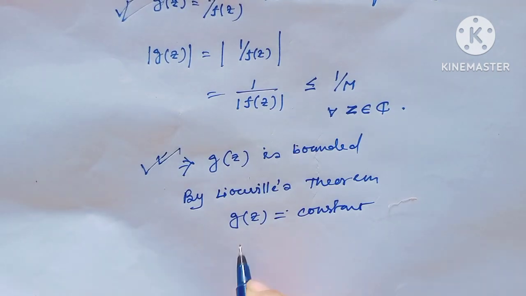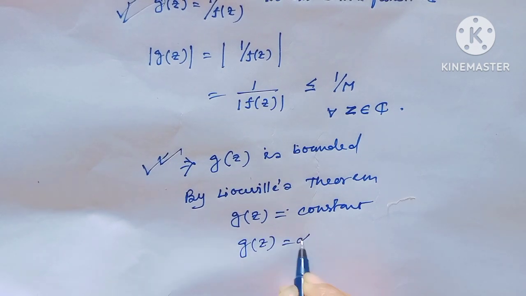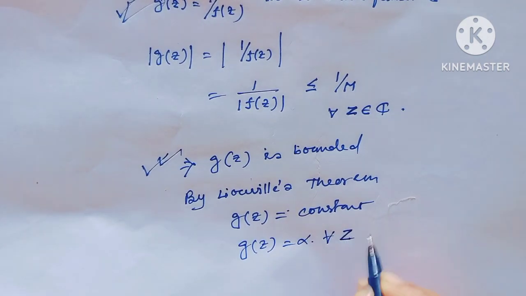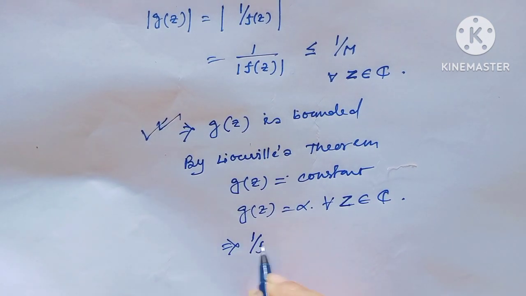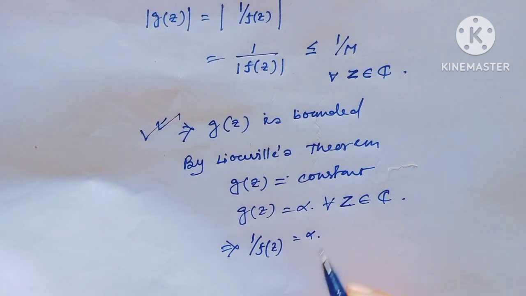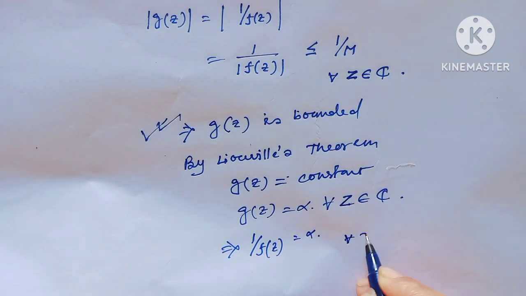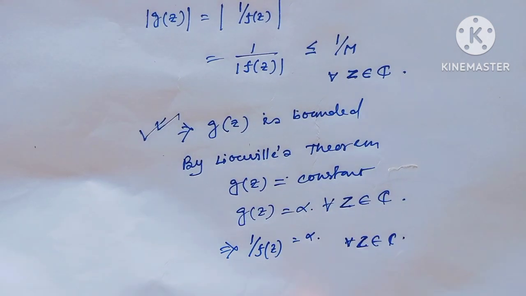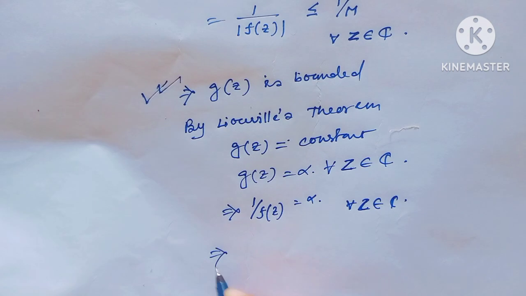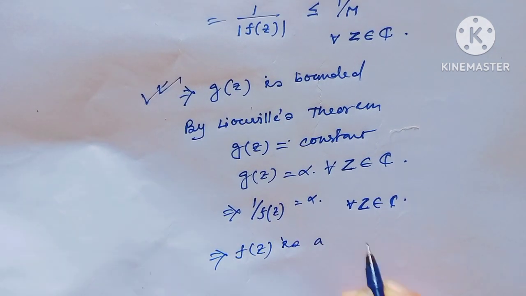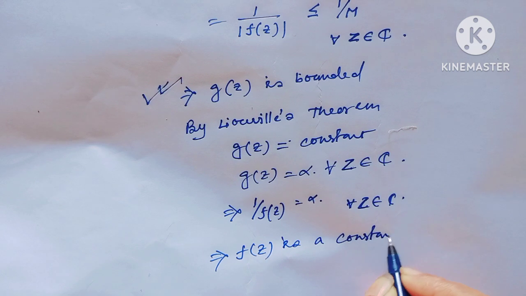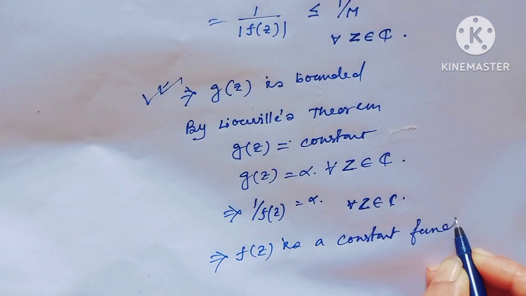Consider g(z) equal to alpha for all z belonging to the complex numbers. That means 1 over f(z) equals alpha. So this is true for all z belonging to the complex numbers. So that implies f(z) is a constant function. I hope all my viewers have understood this clearly.